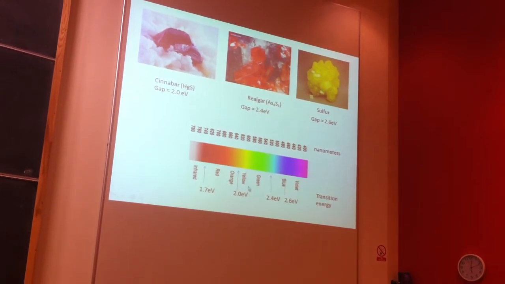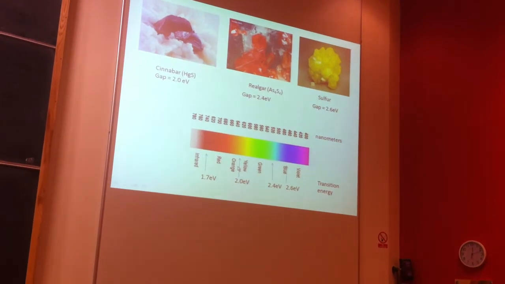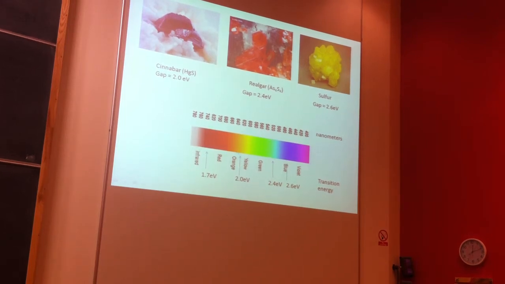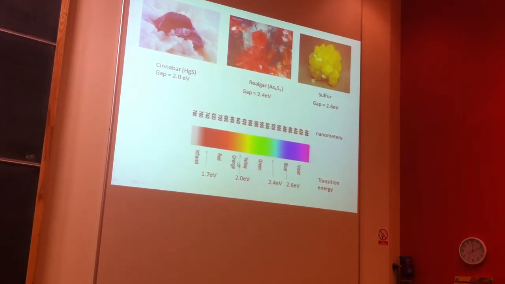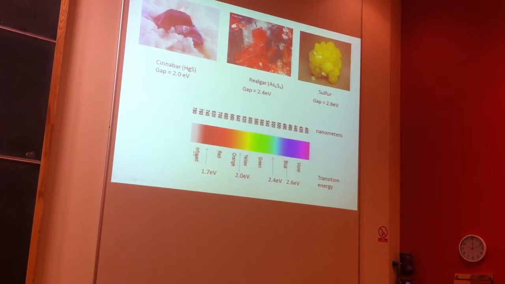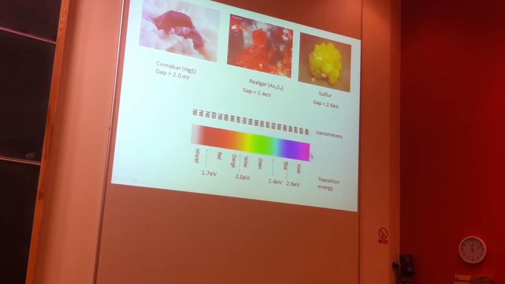For the cinnabar, if you look down here, where the wavelength corresponding to 2.0 eV sits, at around 620 nanometers, only the wavelengths lower in energy than 2.0 eV will go through without causing absorption of the photons. So it's transparent to the red colors, and it absorbs all of the higher frequency colors.